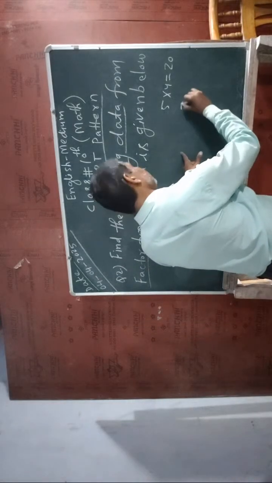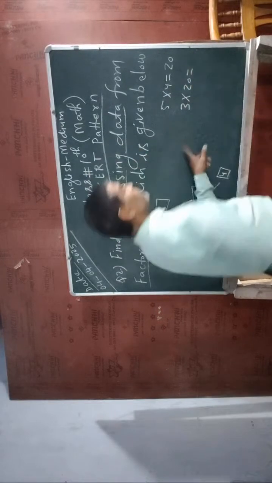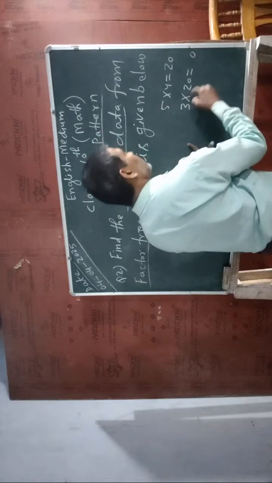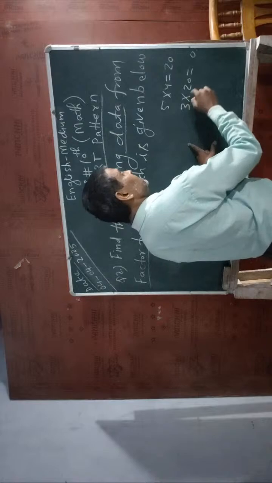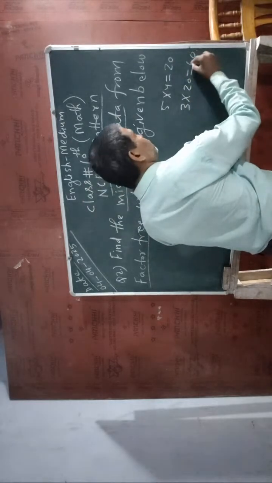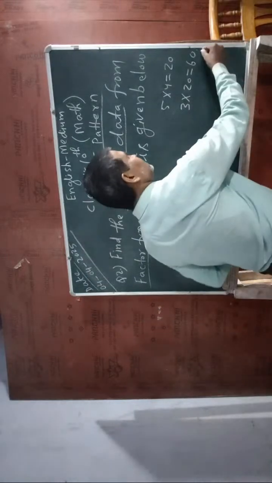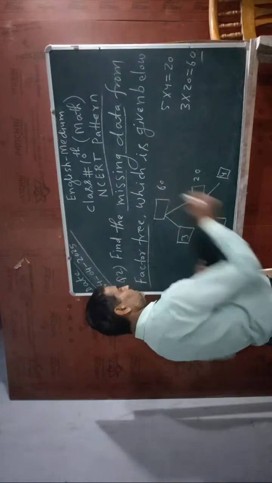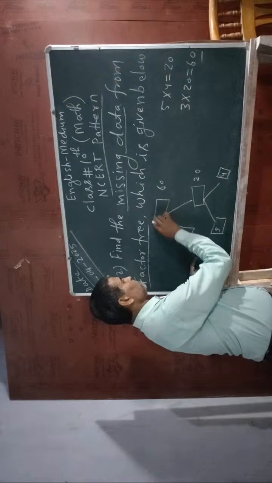You can multiply here separately. After multiplication you have to put its value there. So you put 0 here, and using the table of 3 into 2, it will be 6. So the total value will be 60.